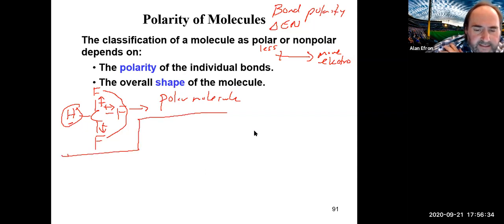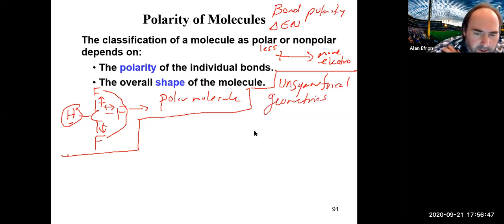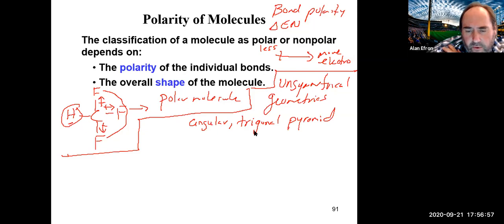Now that leaves us the unsymmetrical geometries. And unsymmetrical geometries will be your angular, your trigonal pyramid, and your bent or V-shaped.